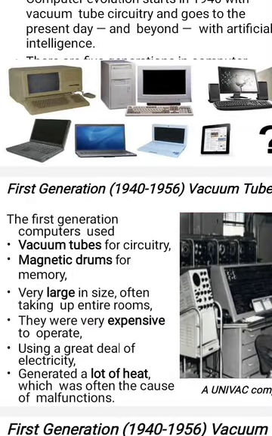Next is the evolution of computers. There are actually five generations of computers. The computers started in 1940 with vacuum tube circuitry and go to the present day and beyond with artificial intelligence.